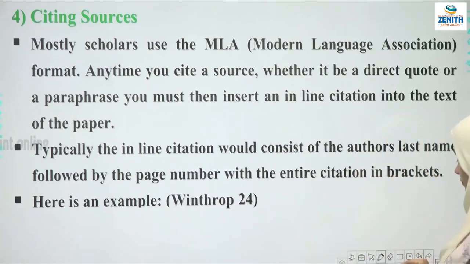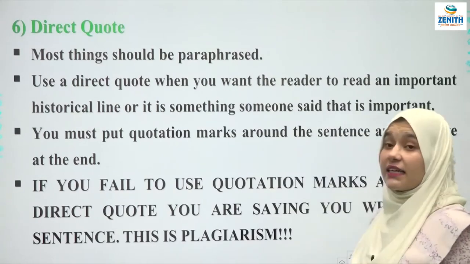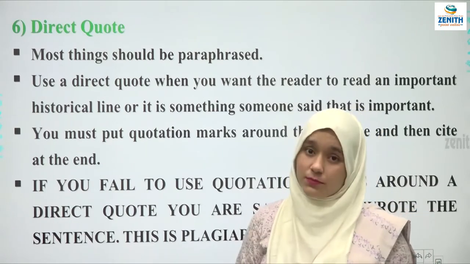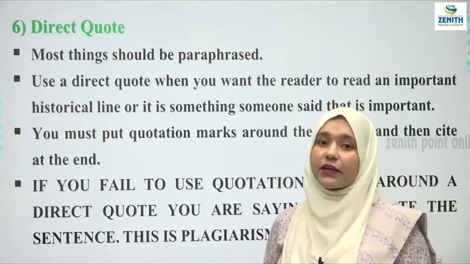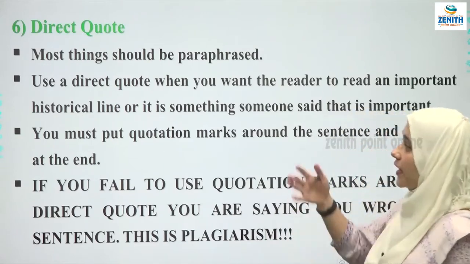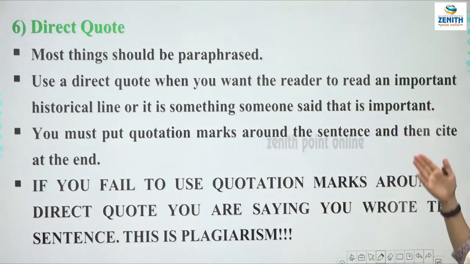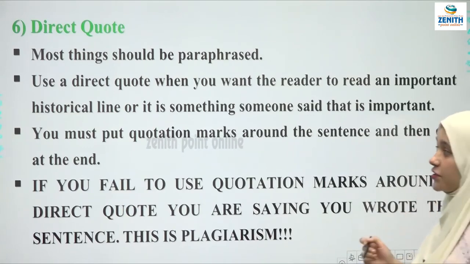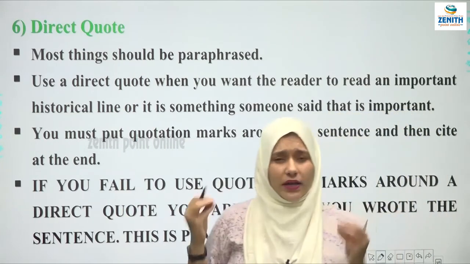Okay. Then direct quote: you should always try to paraphrase as much as possible, but if you specifically want to include someone's direct quote, an important historical line that you want the reader to read, then you must put quotation marks around the sentence. This is very important.